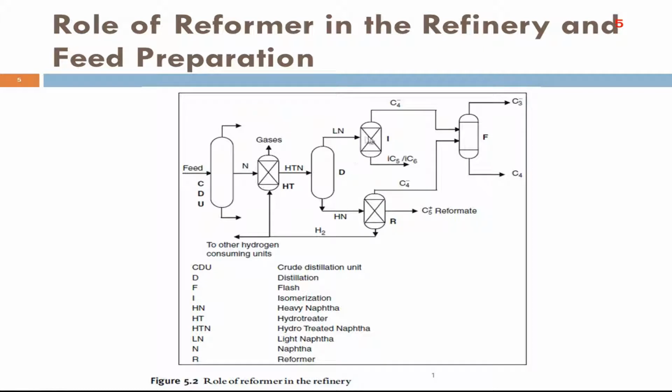The light one will be processed in the isomerization unit, while the heavy one will be processed in the reformer unit. The product from the isomerization unit is called isomerate, while the product out of the reformer unit is called reformate.